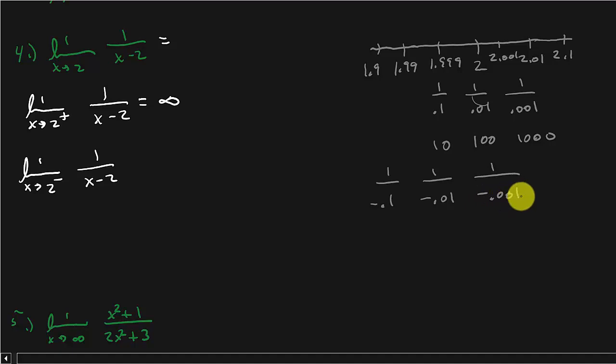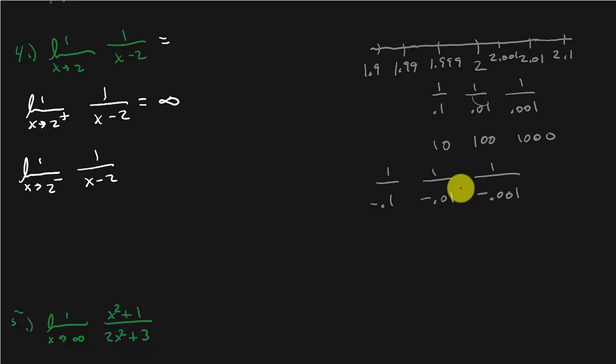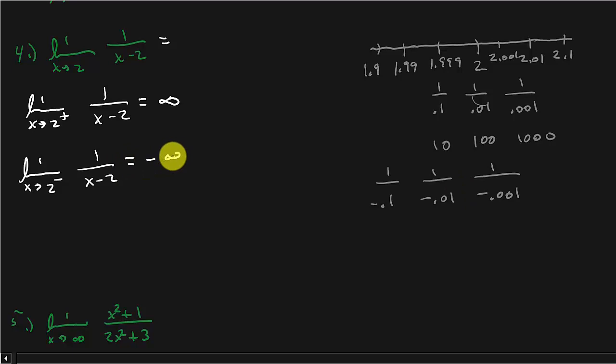The fractions are getting larger and larger, like 100, 1,000, 10,000, 100,000, 1,000,000, but with a negative in front. So this is going to negative infinity.